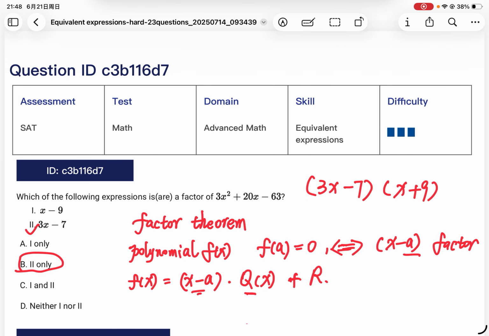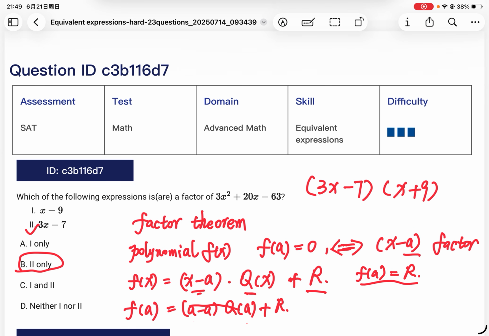Divisor times quotient plus remainder is our dividend. Let's plug in the number a here. f(a) equals a minus a times q(a) plus our remainder, and this term goes away, it is simply 0. What we are left with is f(a) equals our remainder.